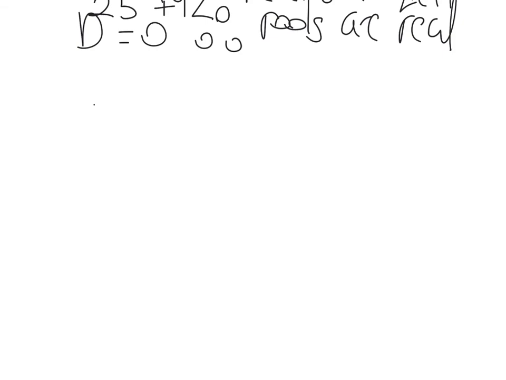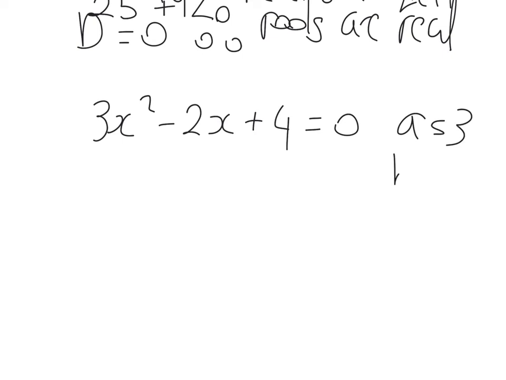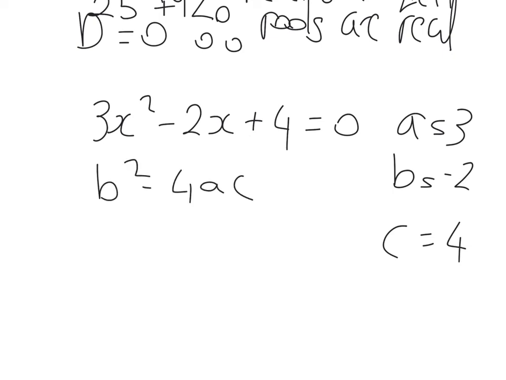Next one, find the nature of the roots for 3x squared minus 2x plus 4 equals 0. A is equal to 3, b is equal to minus 2, and c is equal to 4. So b squared minus 4ac is minus 2, in brackets, squared, minus 4 times 3 times 4.